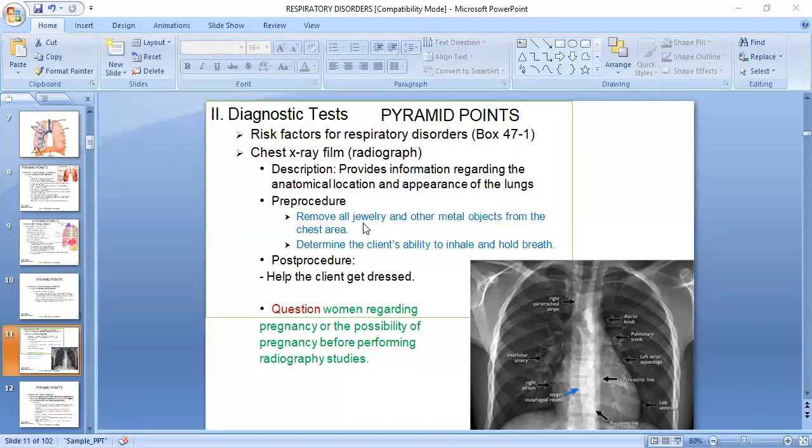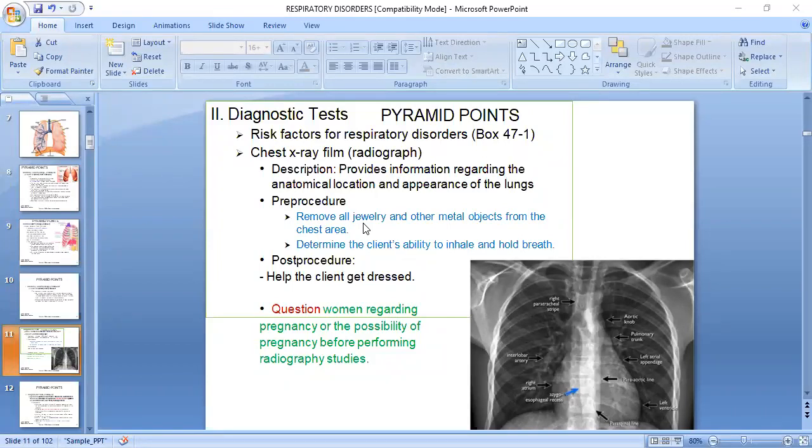Remove jewelry and other objects from the chest area, and determine the client's ability to inhale and hold. When we take the picture, tell the patient to hold their breath. After the procedure, help the client get dressed and return his or her jewelry.